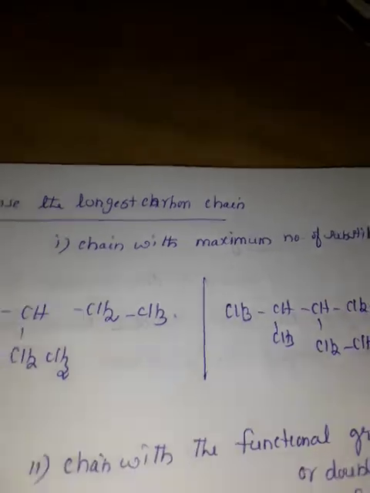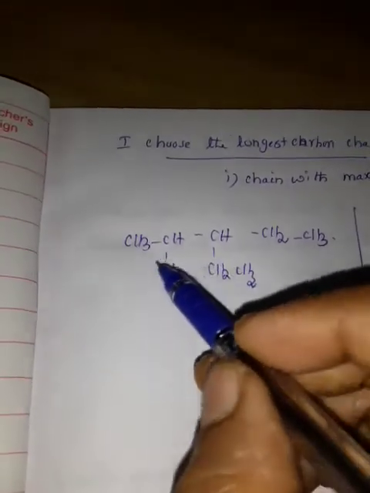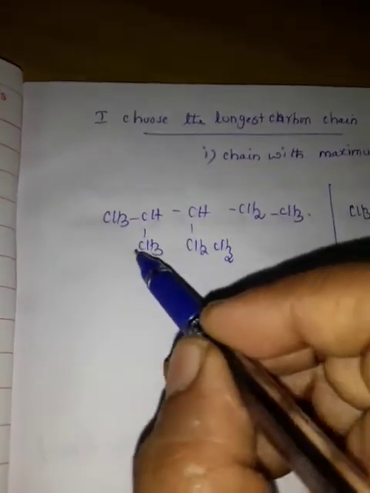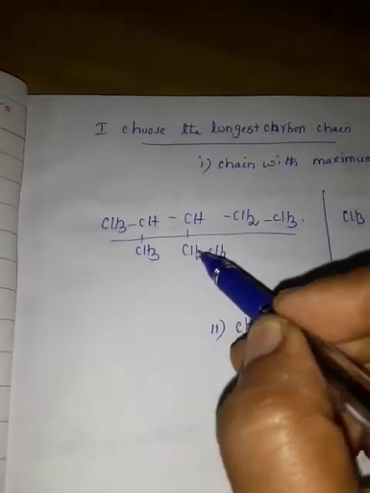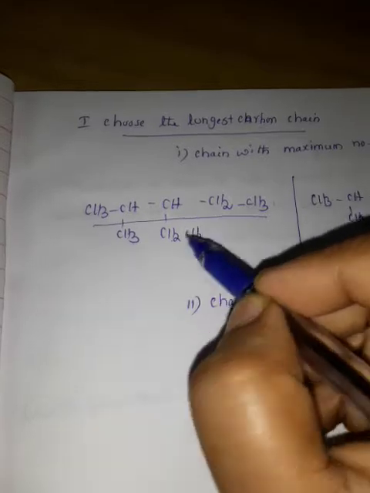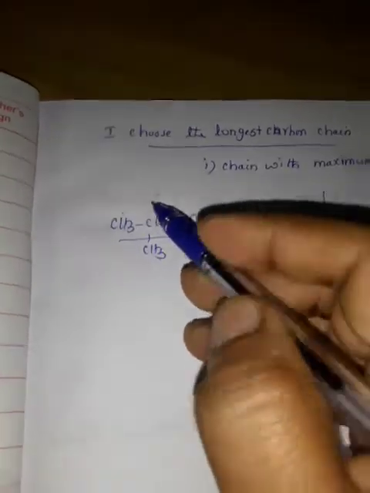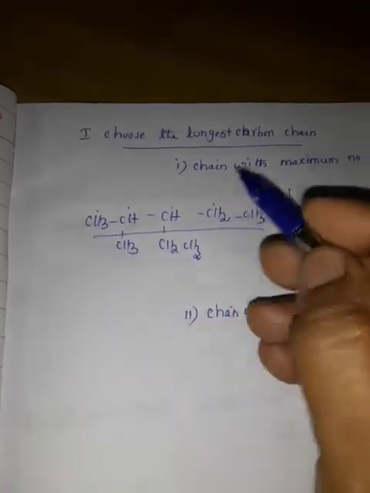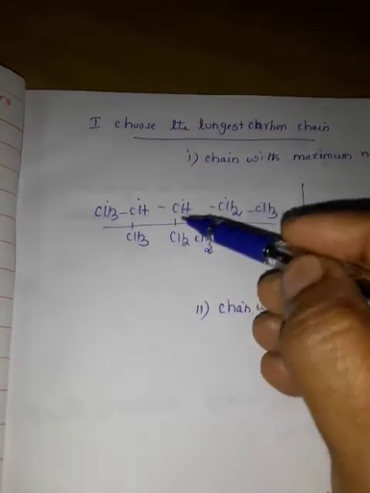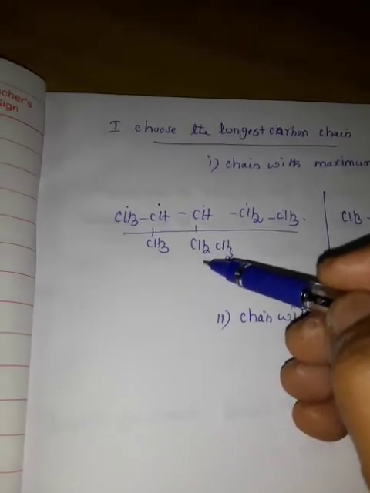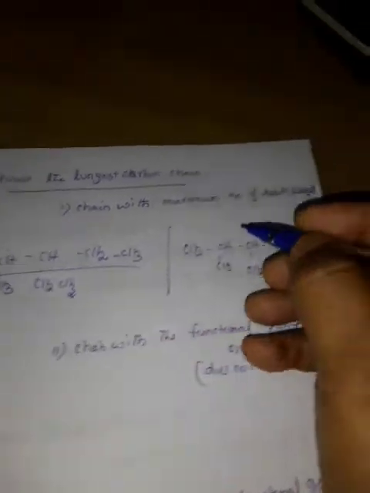See, I am selecting this chain with the maximum number of carbons as substituents. 1, 2, 3, 4, 5, with the 2 substituents. But not like this.